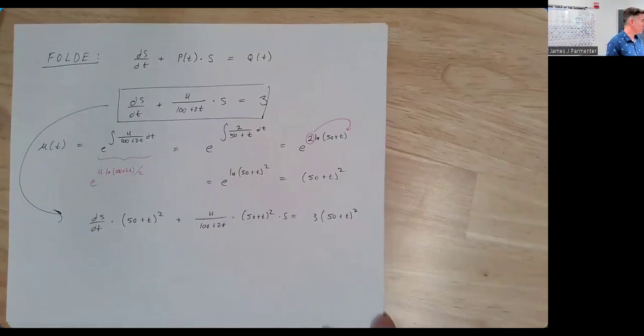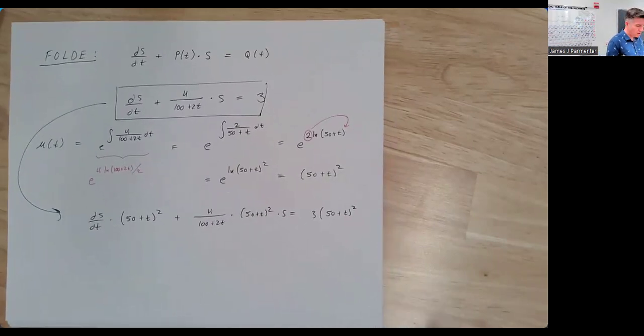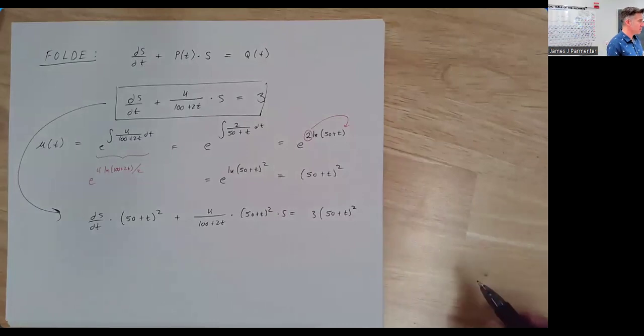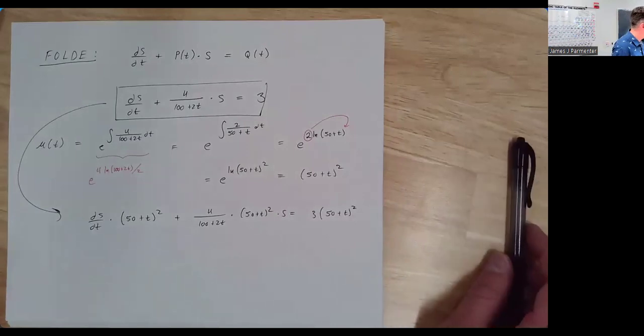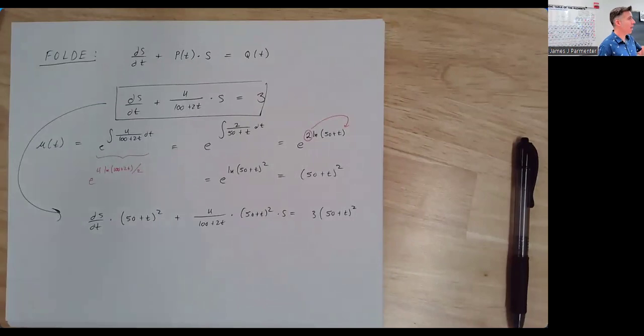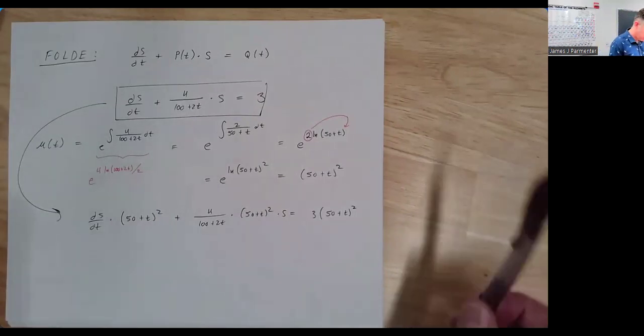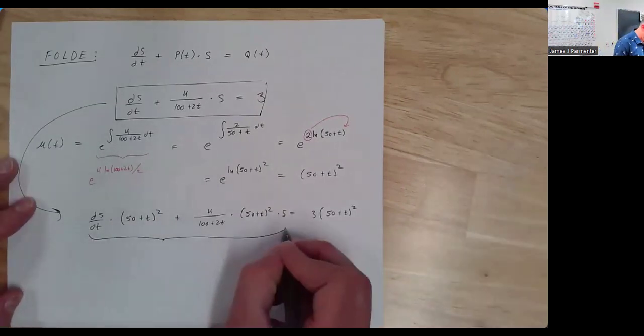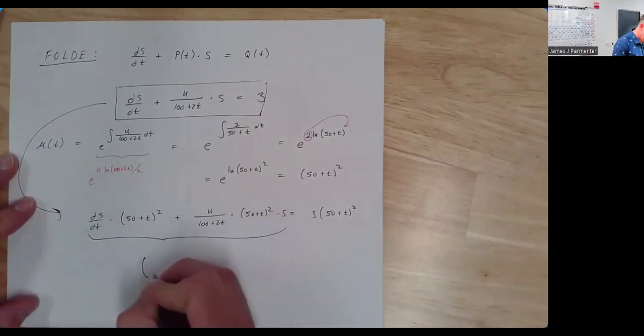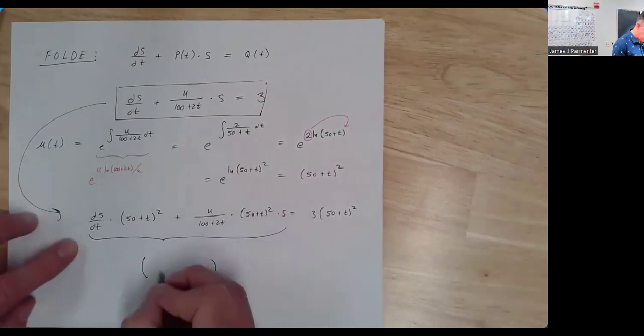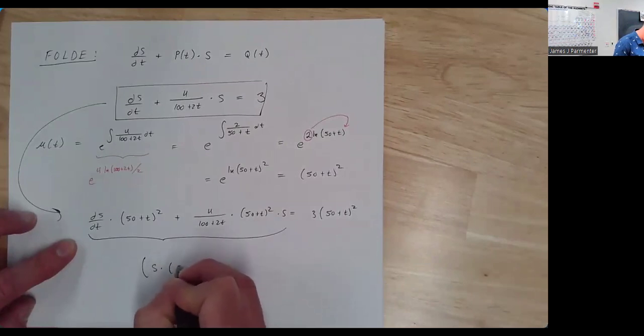Here's the good news. You don't have to actually be able to see that this is the derivative of a product. It always will be. We are 100% assured that this left-hand side has to be the derivative of s times our integrating factor.